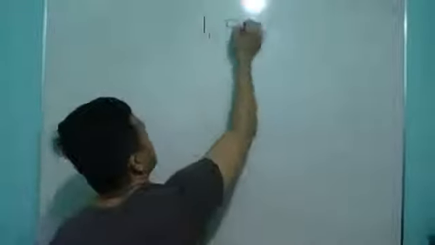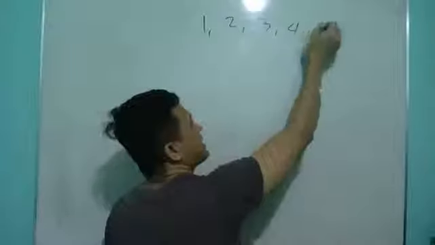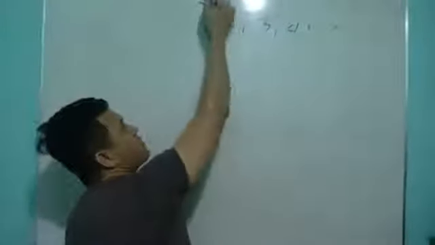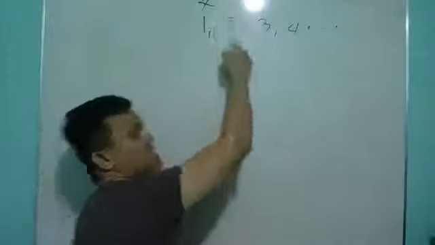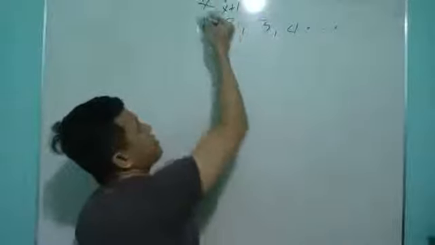Anyway, so let's start with question number 1. What is the sum of the 3 consecutive positive even integers? When you represent integers, say the integers 1, 2, 3, 4, this is what we call consecutive integers. Say 1 is x. With reference to x, the next integer is x plus 1, because we just added 1.